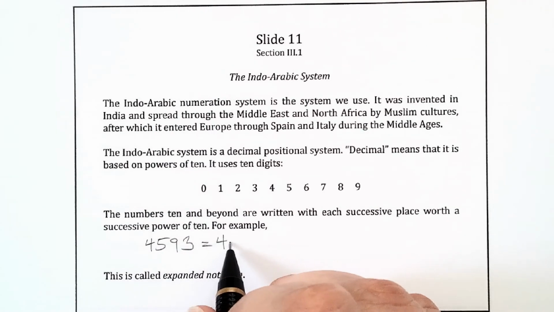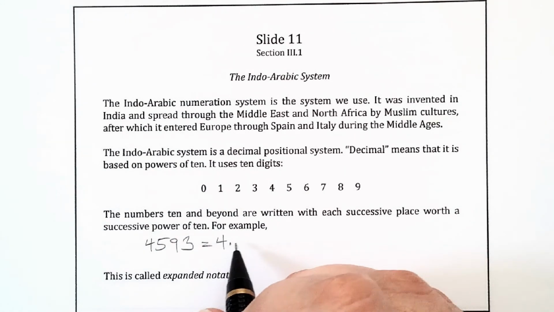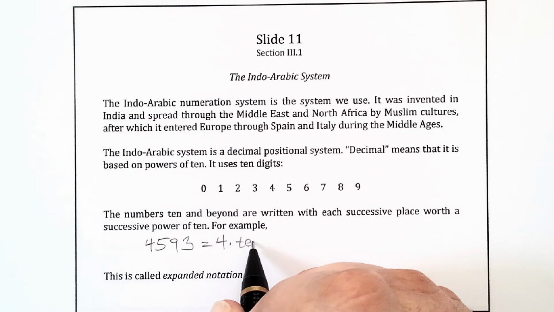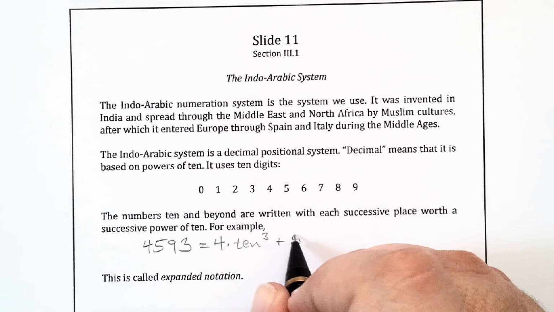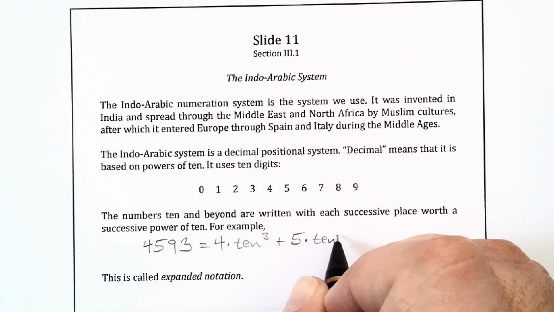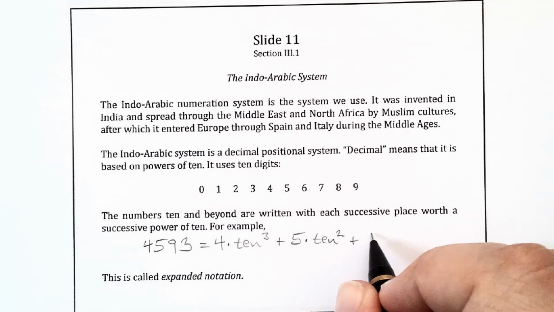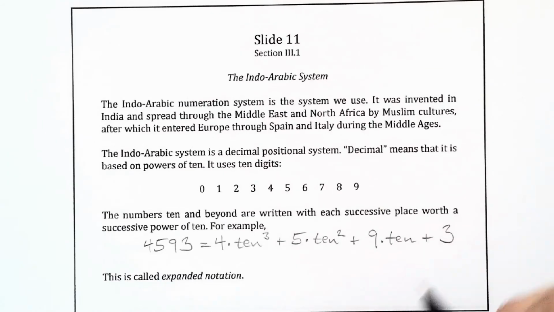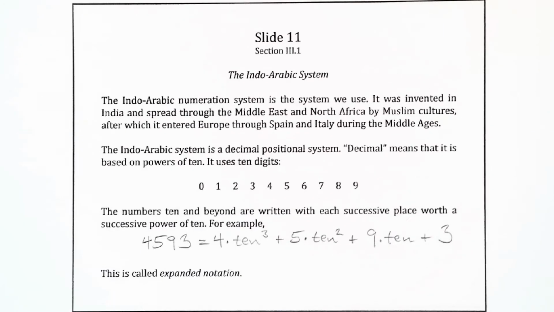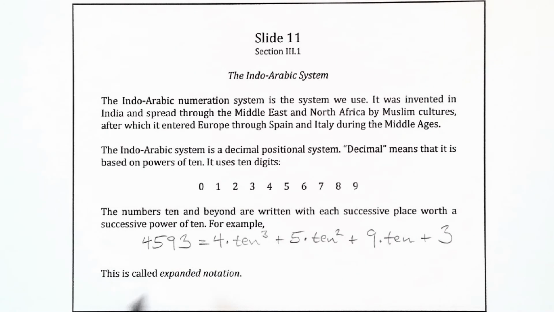That's 4 times 10 cubed plus 5 times 10 squared plus 9 times 10 plus 3. So when we see these 4 digits in that order, this is how we interpret that. When we write the number out like that, that's called expanded notation.